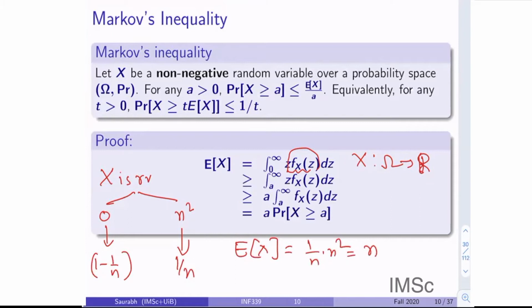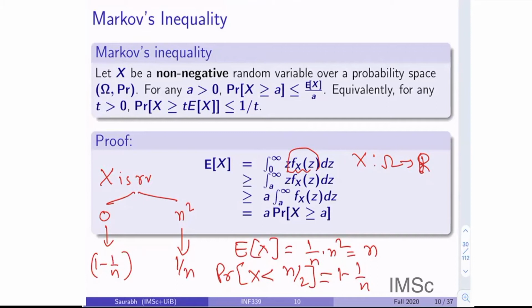So if I ask, what is the probability that X is less than n by 2? Here, this is an exact computation. The probability that X is less than n by 2 is 1 minus 1 over n, because X only takes the value 0 or n square. So the probability X is less than n by 2 is the same as the probability X equals 0.